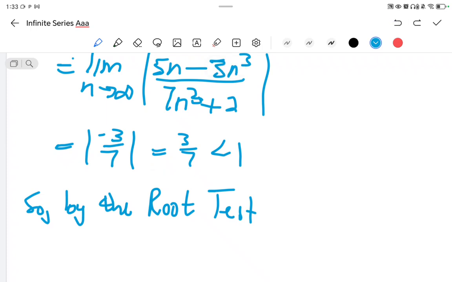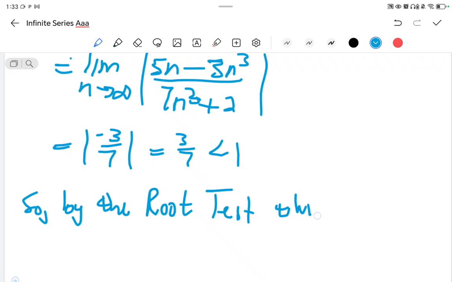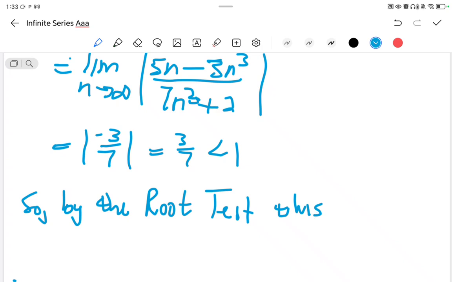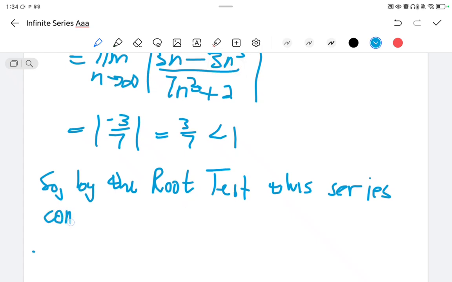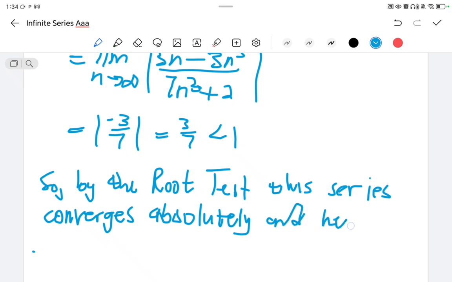Then we'll say by the root test, this series converges absolutely, and hence converges. So if it converges absolutely, then it converges, right? And then we are fine with this.